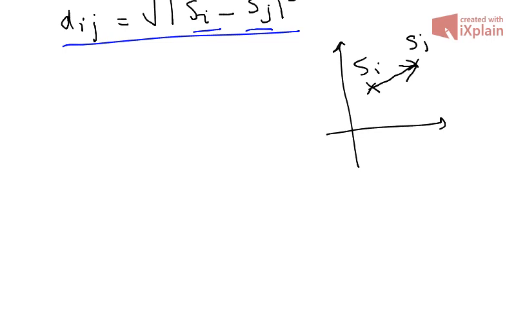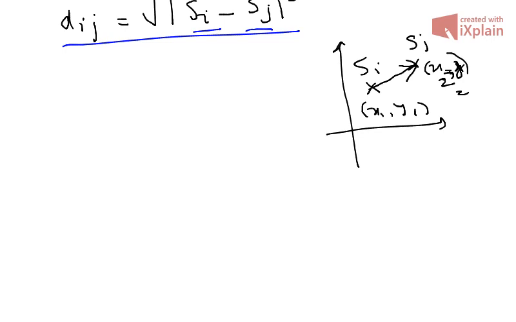So you have two signal points, x1, y1 and x2, y2. How can you find this distance?